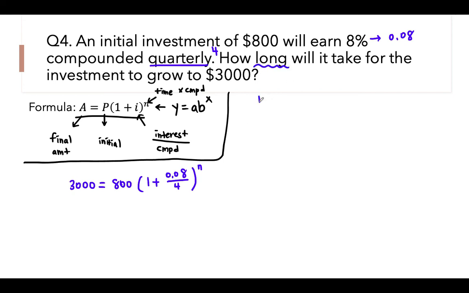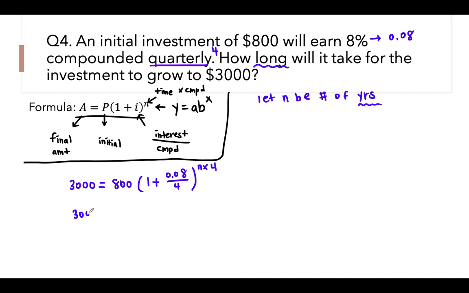And then n is time, so n times, we don't know because the question is how long. So we could say, let n be the number of years. So the time is usually in years. So n times the compounding period, which is 4. So let's simplify this.